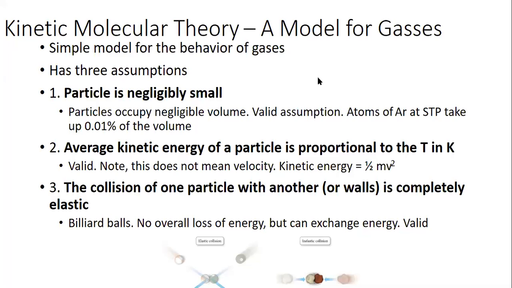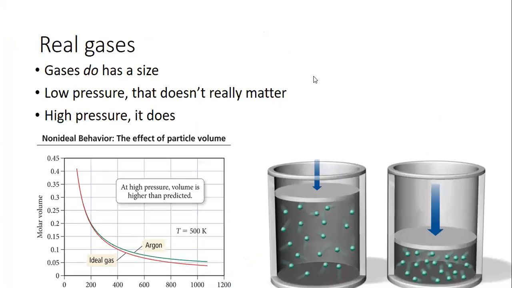But if we look at the next image, we will see that under normal conditions, what I'm showing here on the x-axis is pressure in atmospheres. An ideal gas is in red, while a real gas is in green.